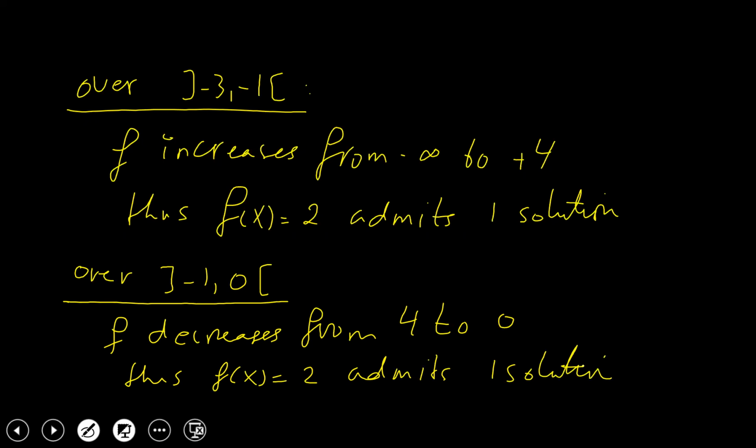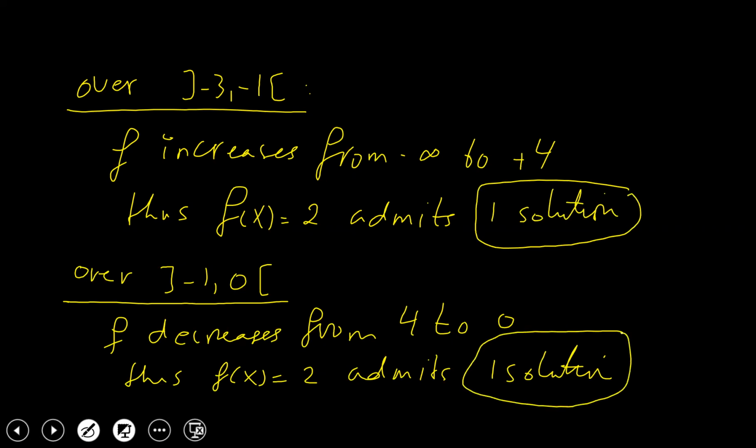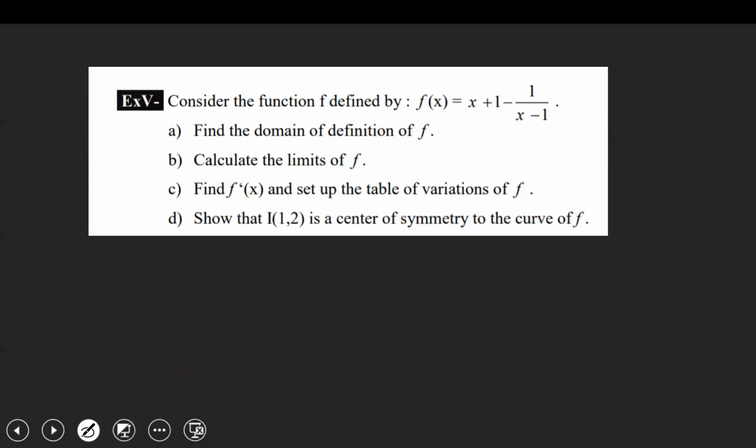Over the third interval, from 0 to plus infinity, f increases. If you go back to the table, from 0 to 1 it does not pass through 2, so there is no solution. So the total number of solutions is one solution here and one solution here, I get 2 solutions. Move to exercise number 5.